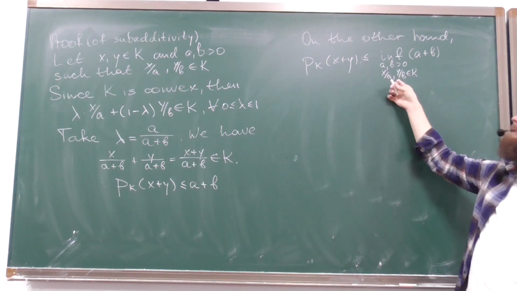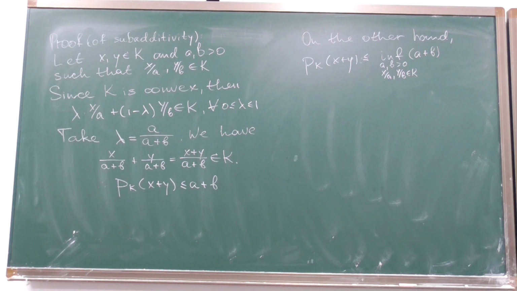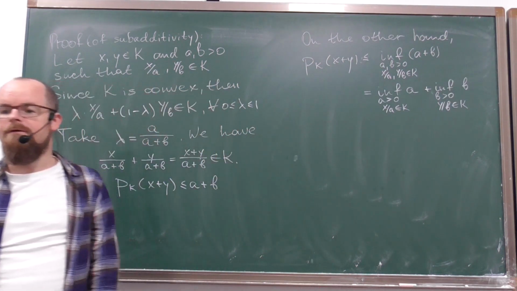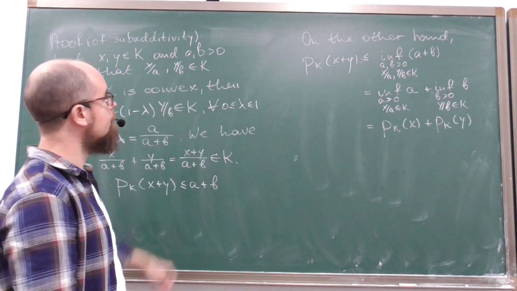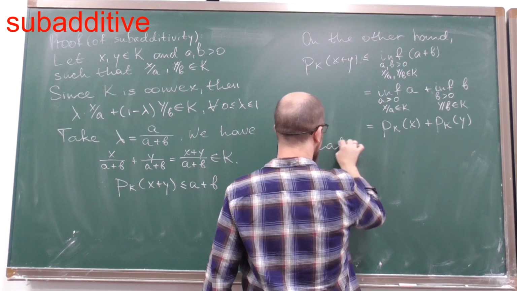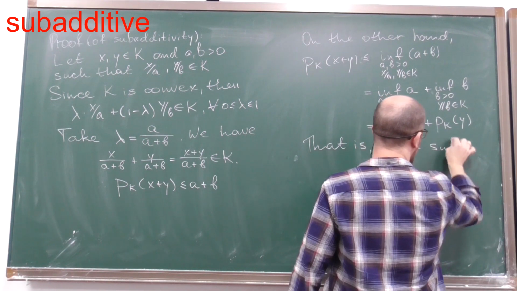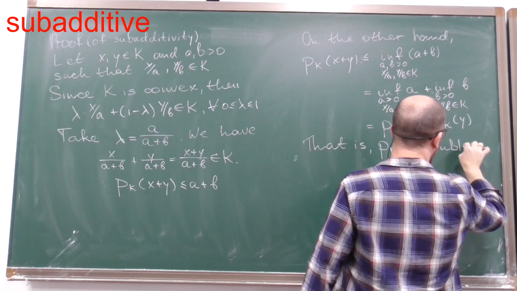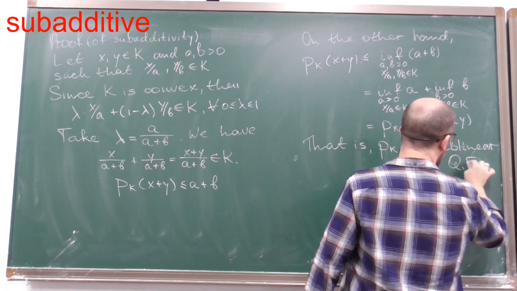The left-hand side does not depend on a or b, so we just have this expression. Even in the way it is written, this infimum is taken separately in a and b, so we can split it. And the first summand is nothing but p_K of x, and the second one p_K of y, which proves that the functional p_K is sublinear. And we're done.